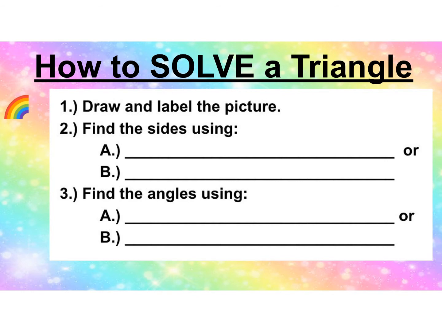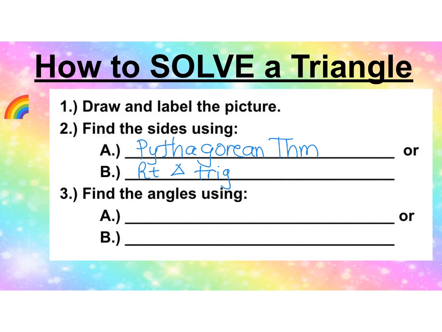So you'd start with a labeled drawing, see what you're missing, see what you need to find out. And if you have to find out the sides, you can maybe use the Pythagorean theorem if you have two sides. Or if you don't, maybe you have a side and an angle, then you can do right triangle trig, our sine, cosine, tangent, to figure the other sides out.